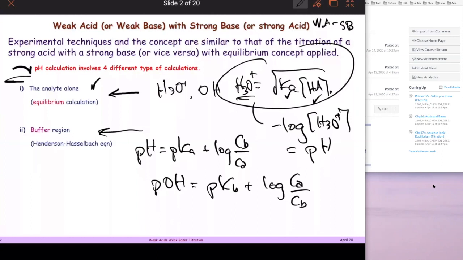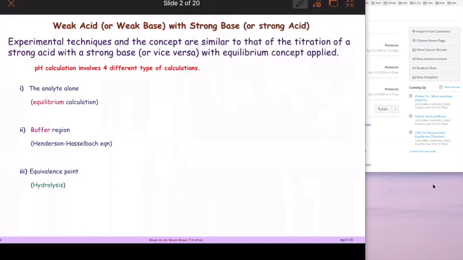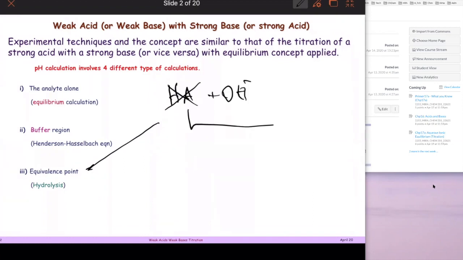The next part is the equivalence point. In the equivalence point, the acid is going to be annihilated by the base. The only thing that survived is the conjugate of that acid. And the conjugate of that acid now is a base, and that's going to react with water to produce hydroxide.